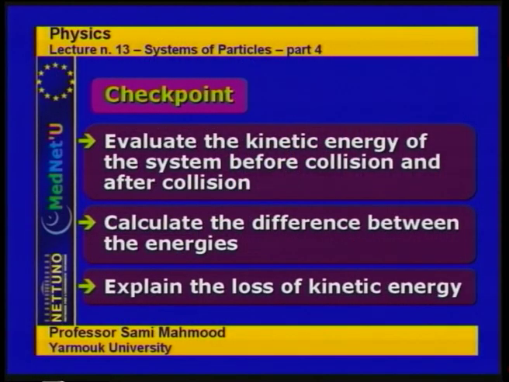There is a difference. There is a waste in energy. The kinetic energy has decreased due to this collision. Try to find this difference and try to explain where this change in kinetic energy went. The loss of energy, where did it go?